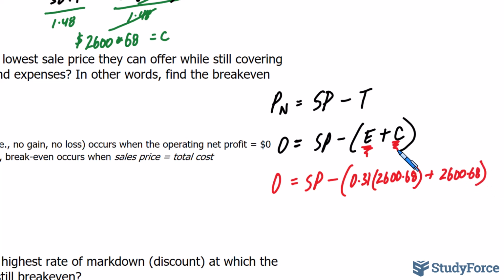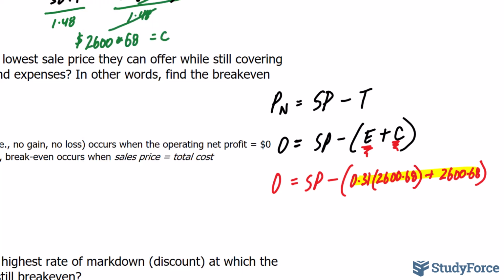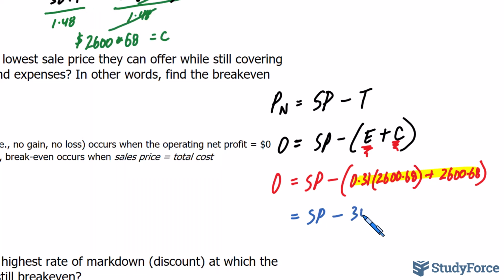And that was C. Let's go ahead and compute this part, just to simplify things. 0.31 times 2600.68 plus 2600.68, and we end up getting 3,406.89. So SP take away 3406.89.